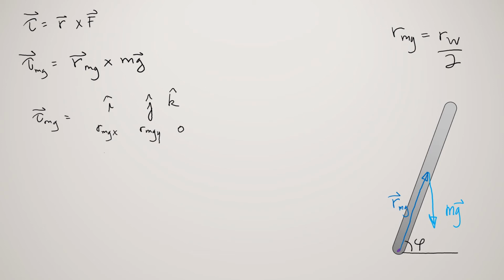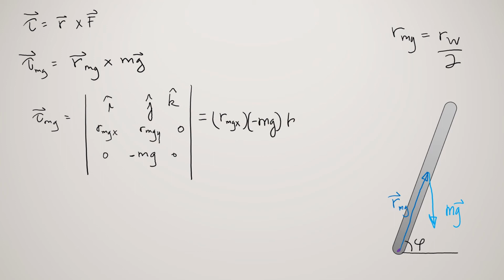MG is all pointed in the j hat direction negative. And so when I go to find this, there's no I hat component. There's no j hat component, but there is a k hat component. And so I see RMGX times negative mg, and then that's in the k hat direction.